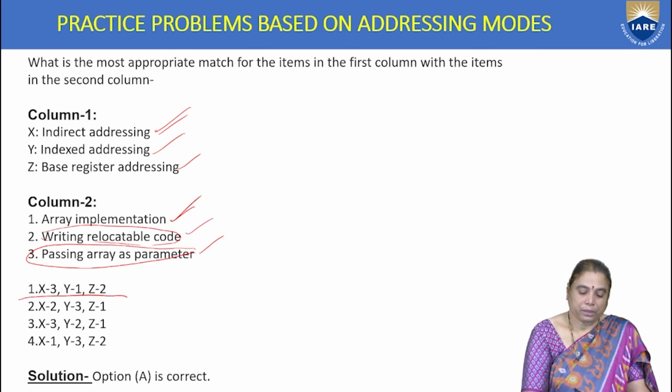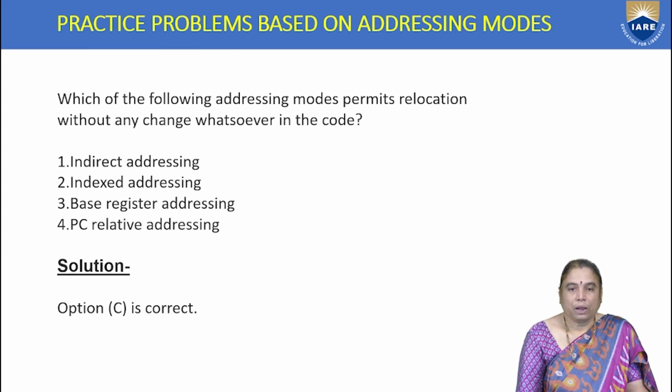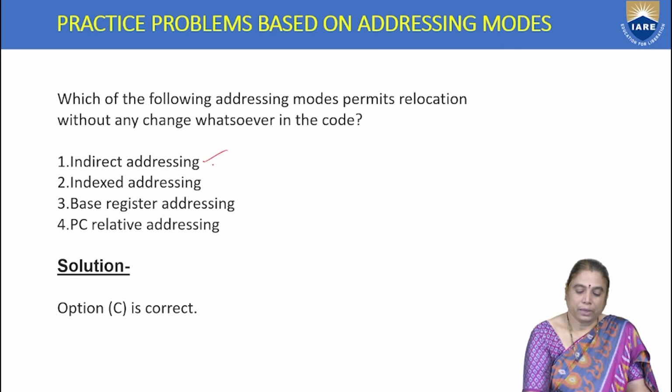So here the question is: which of the following addressing modes permit relocation without any change whatever in the code? Indirect addressing, indexed addressing, PC relative addressing and base register addressing.